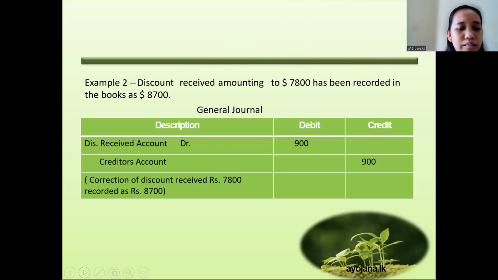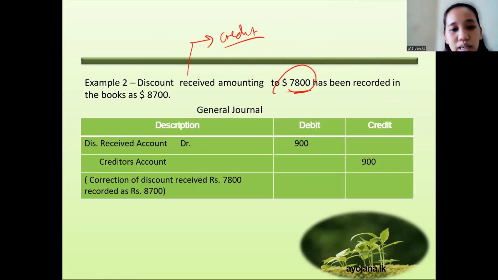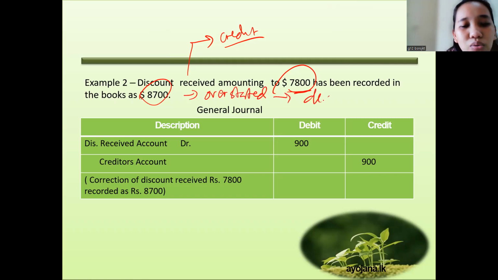Example 2. This is the difference, right? Discount received. Remember, discount received is income that will be on the credit side. Amounting to 7,800 has been recorded in the books as 8,700. This is overstated, right? So because overstated, we need to deduct it.